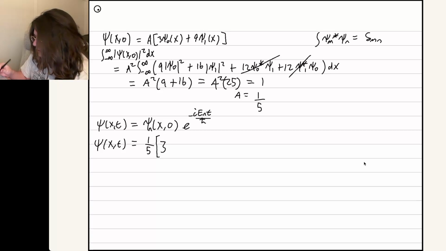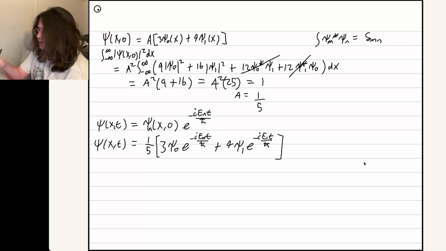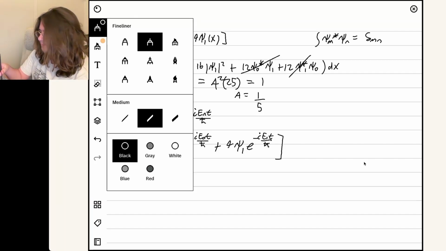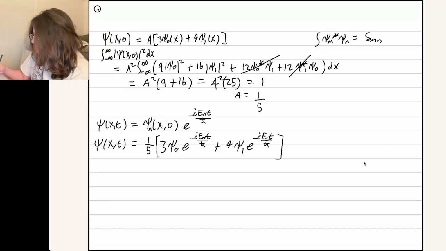We have 3 times psi 0, and then e to the minus i E0 t over h bar, plus 4 psi 1 e to the minus i E1 t over h bar. That's it. We can make that prettier by remembering that the energy levels for the harmonic oscillator are h bar omega times n plus a half.